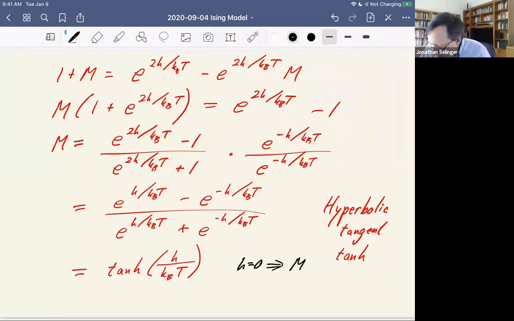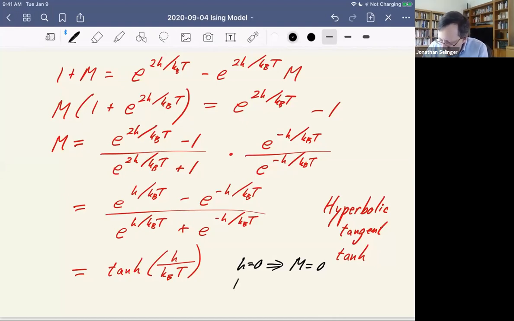So h equals 0 requires m equals 0. And you already knew that from looking at the graphs, right? You knew that when we had 0 applied magnetic field, the function was perfectly symmetrical, with a minimum right at 0. So this goes along with that.